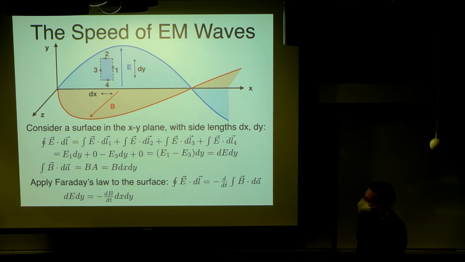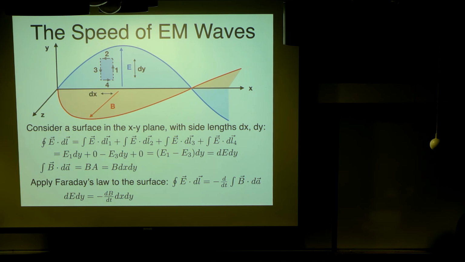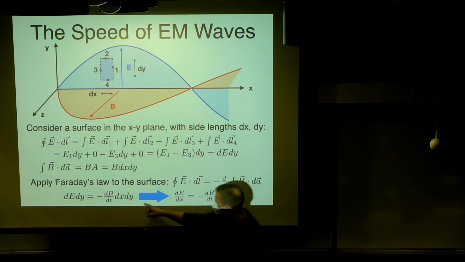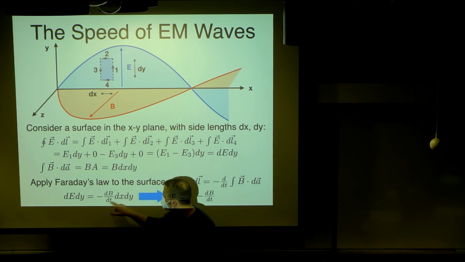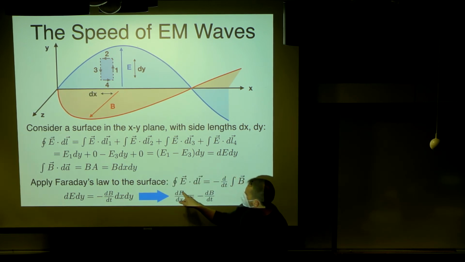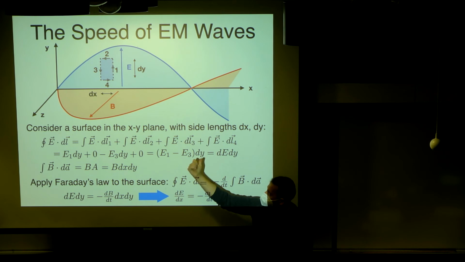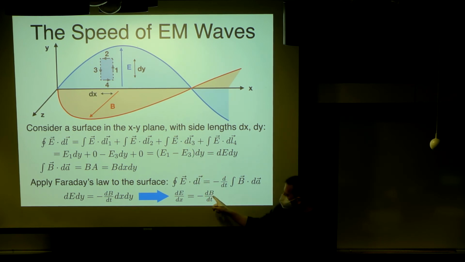Just get rid of the dy's, right? Those can drop out. So the result is, if I just get rid of the dy's and I divide out the dx, I have dE/dx equals minus dB/dt. So in other words, the E field is changing if you move along the x-axis. The B field is changing over time, and those two things are related to each other just like this, okay?